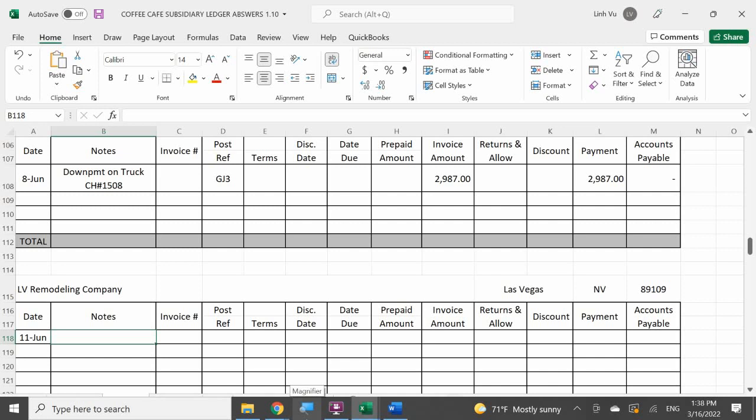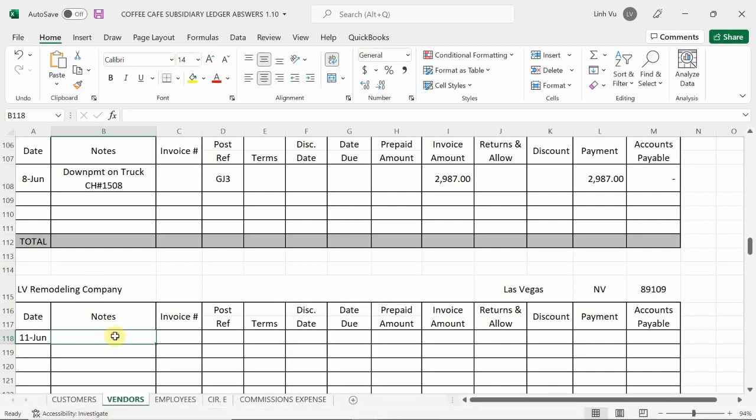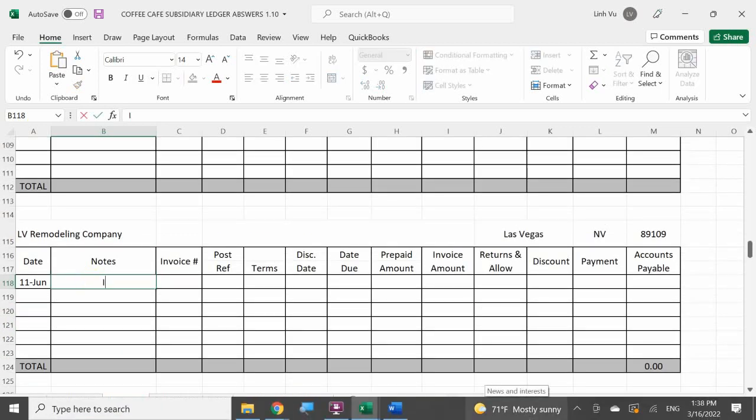What notes do you want to put in here? Well, you could say this was the interior design job for the store.